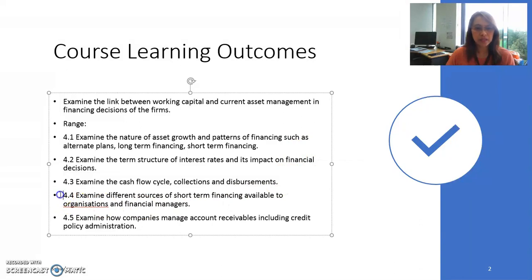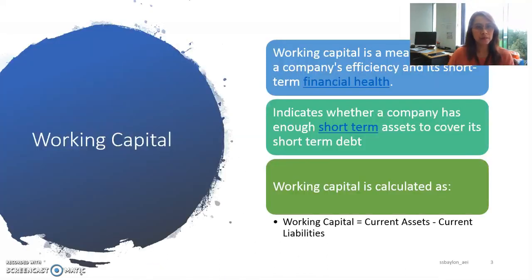Actually, 4.4 here is related to your 4.1 because we're talking of financing. And then 4.5, examine how companies manage accounts receivables, including credit policy administration. So there will be a little bit also of calculations. Okay, so let's start with our first topic.